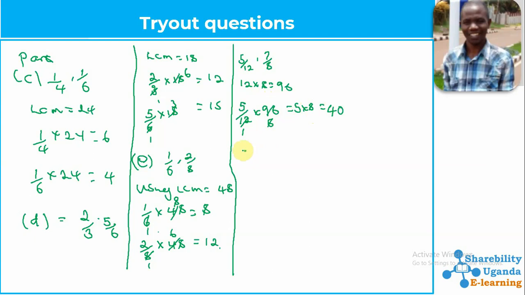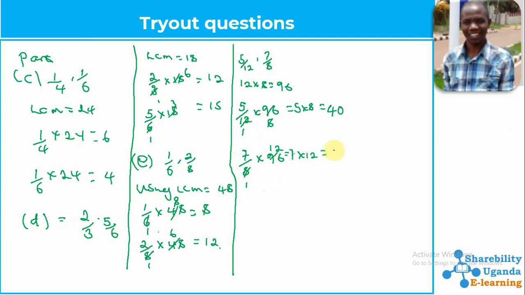Okay, then we say 7 out of 8 times our 96. By 8, 1, 12. So we shall say our 12 times our 7. Okay, so we got 7 times 12.